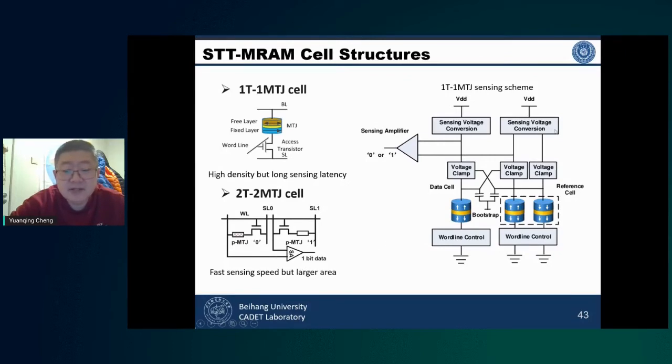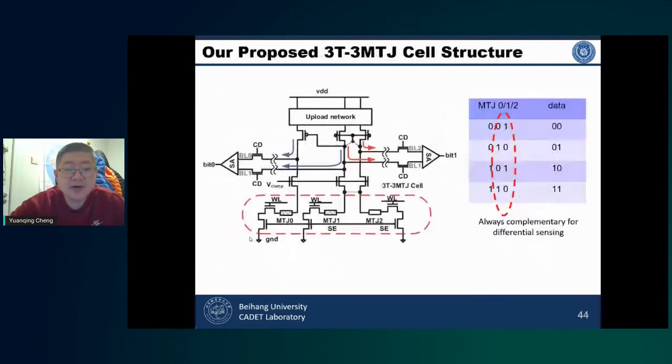On the right side of this slide is the sensing scheme for the 1T1MTJ cell. For the 2T2MTJ cell, we do not use this reference voltage. We can use the complementary structure of the 2T2MTJ cell and use differential sensing to read out the data. But it has a much larger area overhead.